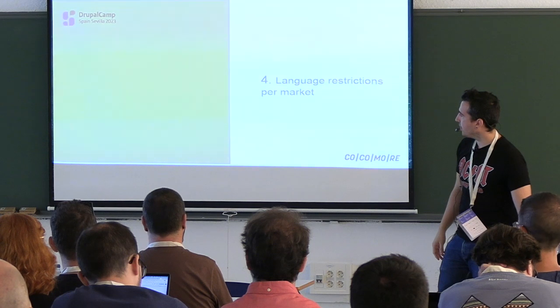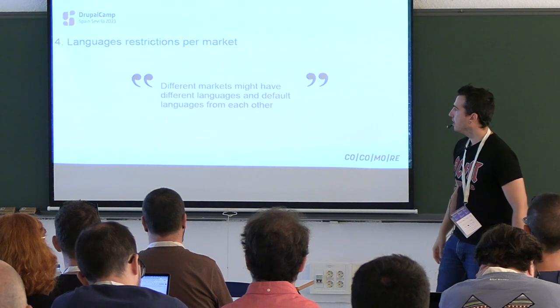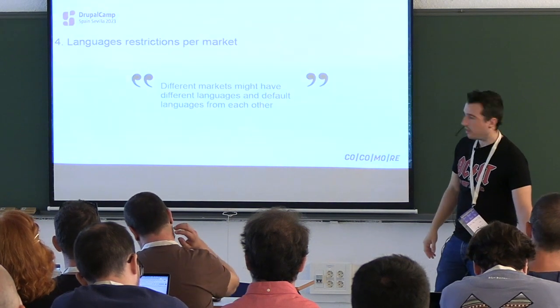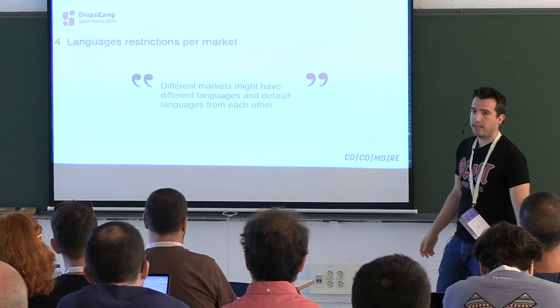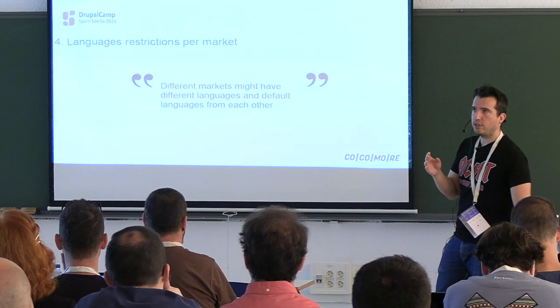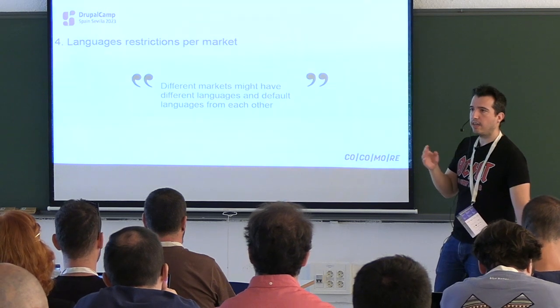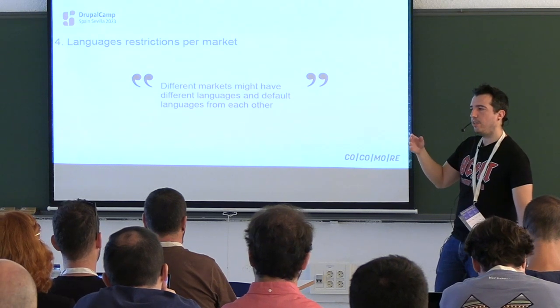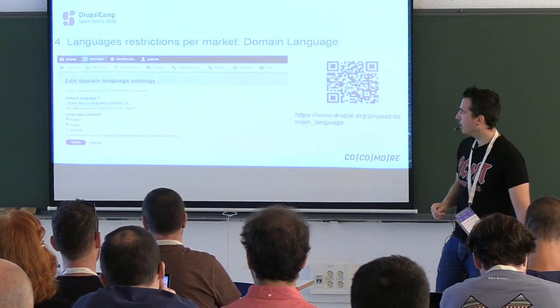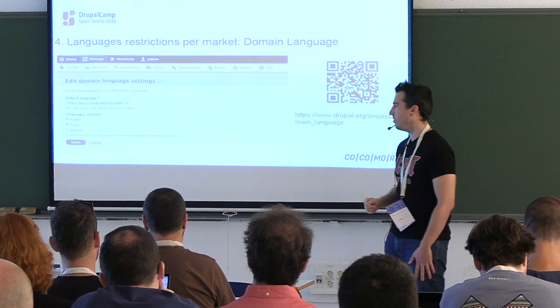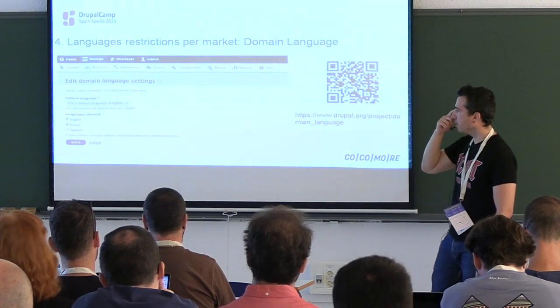Language restrictions per market. Again, the requirement is having different languages per market, and they cannot have access to a language outside of their market, right? That's the key. So we have two options. First one, domain language.